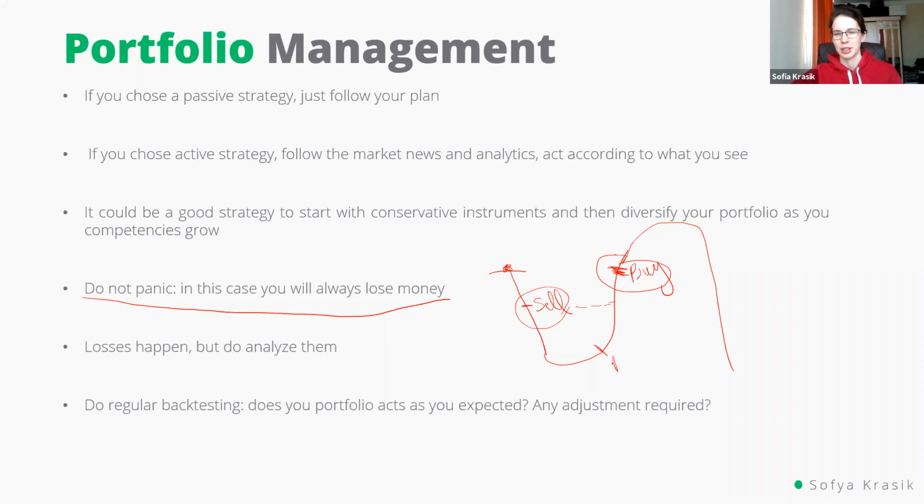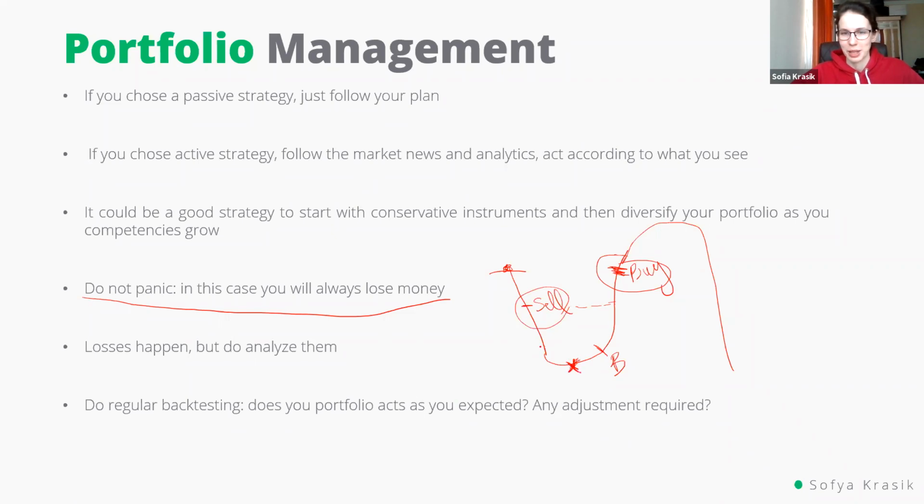When I just opened my brokerage account, literally in 1 week or 2 weeks, there was a small market crash, and I was telling about this to my former colleague, and she said, "Sonia, why are you using such a stupid strategy? You should always buy when the market is down.